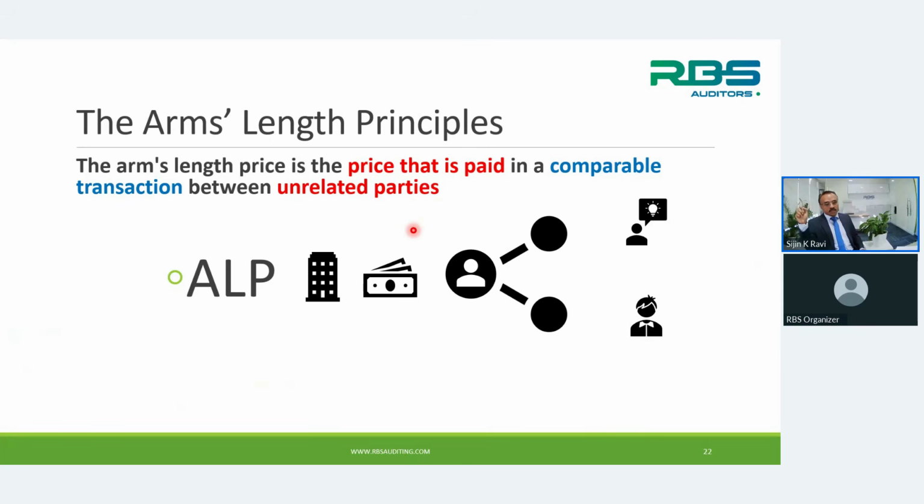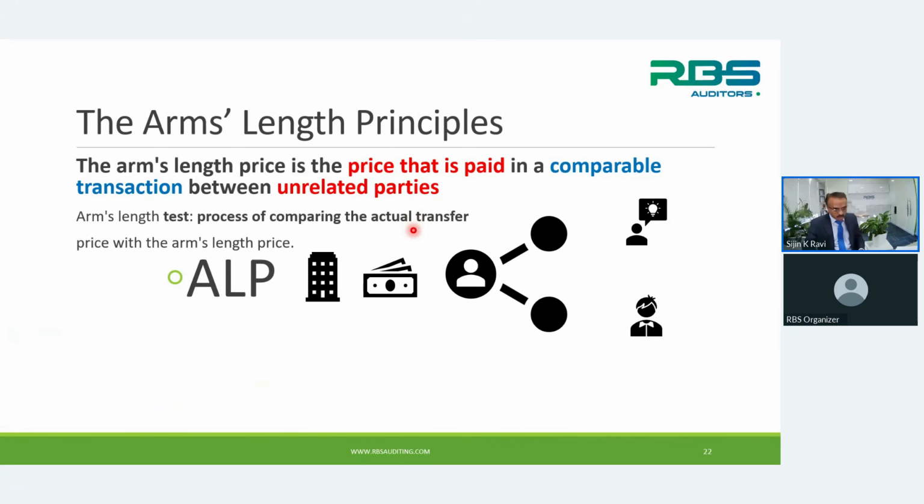You will consider whatever price was paid by the unrelated party in order to arrive at the price of the related party transaction. Basically TP is applicable only to related party transactions, not unrelated parties. So in order to arrive at the correct price of the related party transaction, you have to compare with unrelated parties. That's why the arm's length principle.